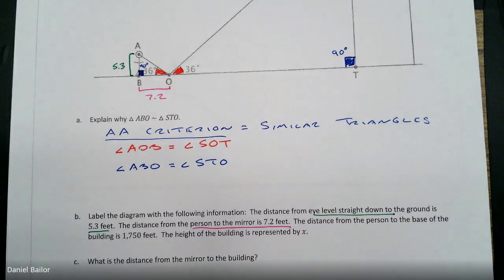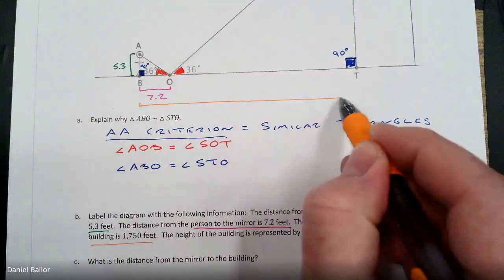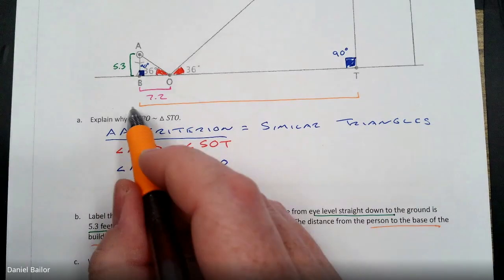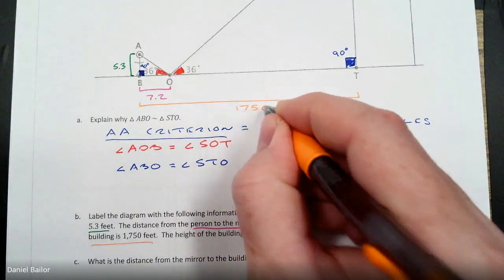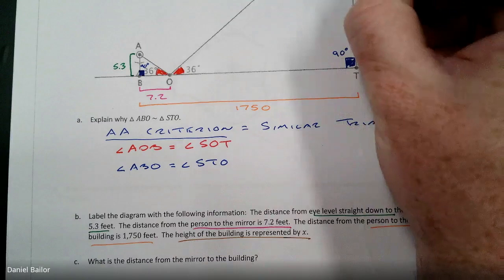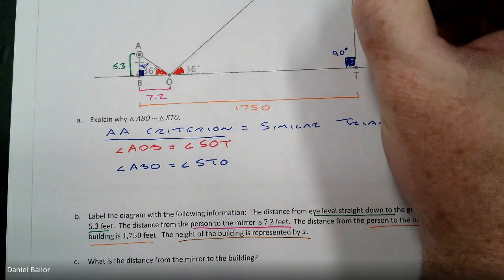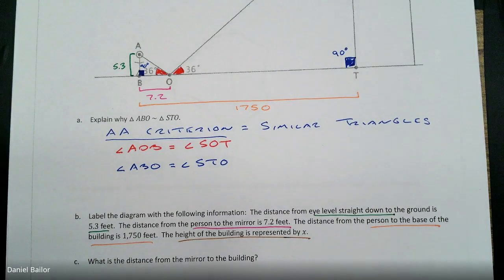And the third information we know, the distance from the person to the bottom of the building is 1,750. So from the person all the way to the building, this long length right here is 1,750 feet. And the height of the building, the height right here is X. That's how we label everything.